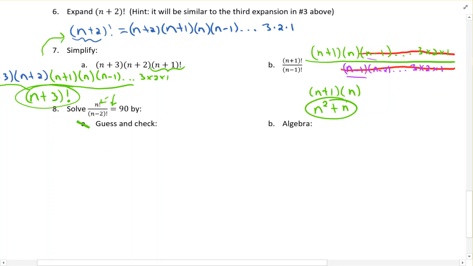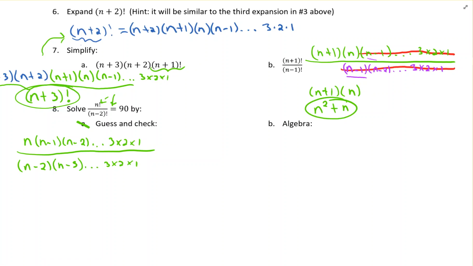So let's expand the tops. We've got n factorial. So I'm going to write that as n times n minus 1 times n minus 2, dot, dot, dot, 3 times 2 times 1. So that's n factorial, right? The bottom is going to be n minus 2 and then times n minus 3 and then dot, dot, dot, 3 times 2 times 1.